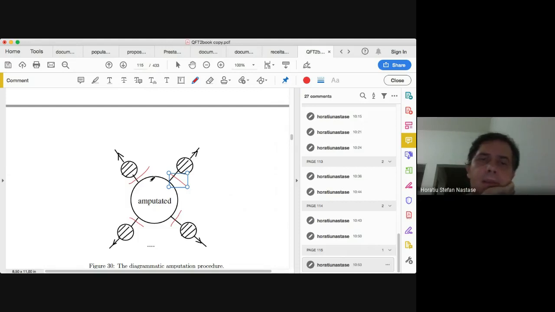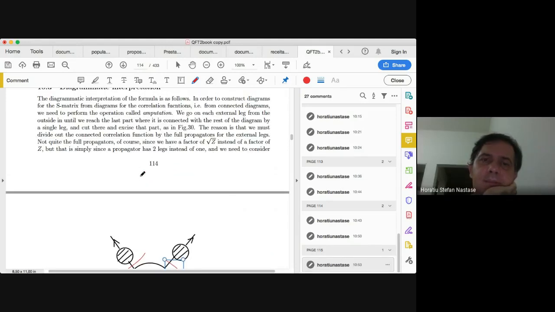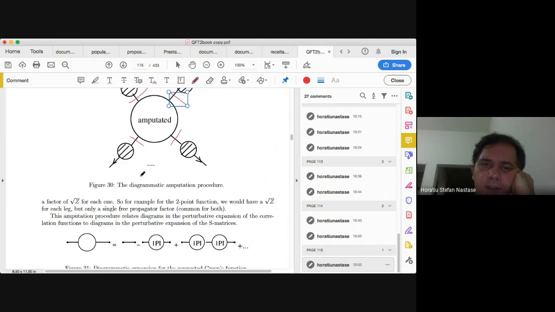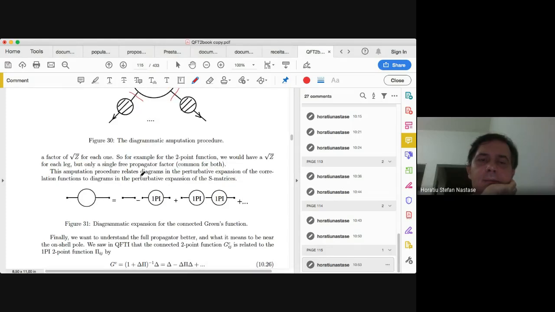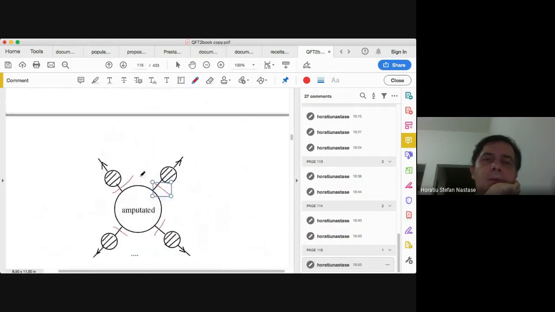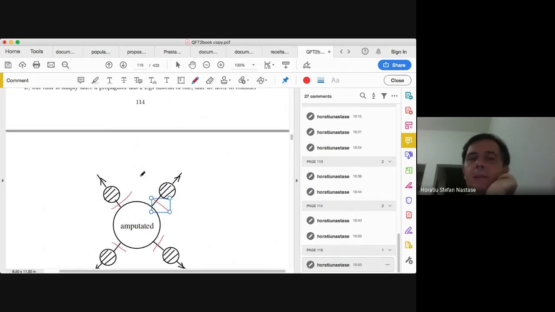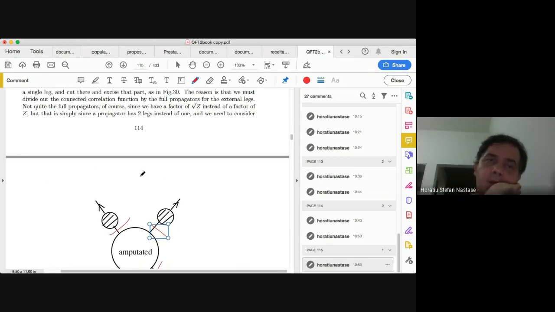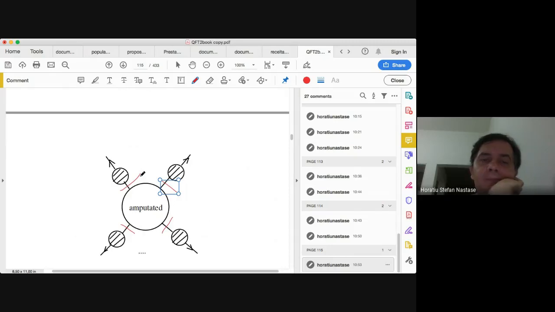And then we're left with the amputated part, right? Which is a 1PI diagram, a one particle irreducible diagram.